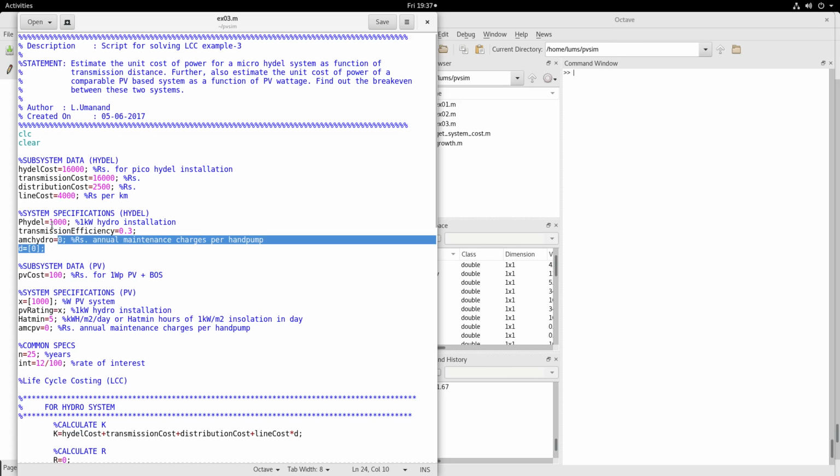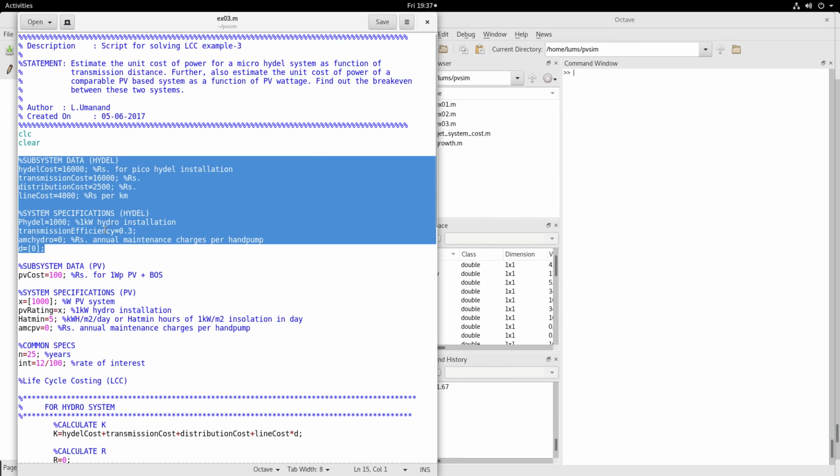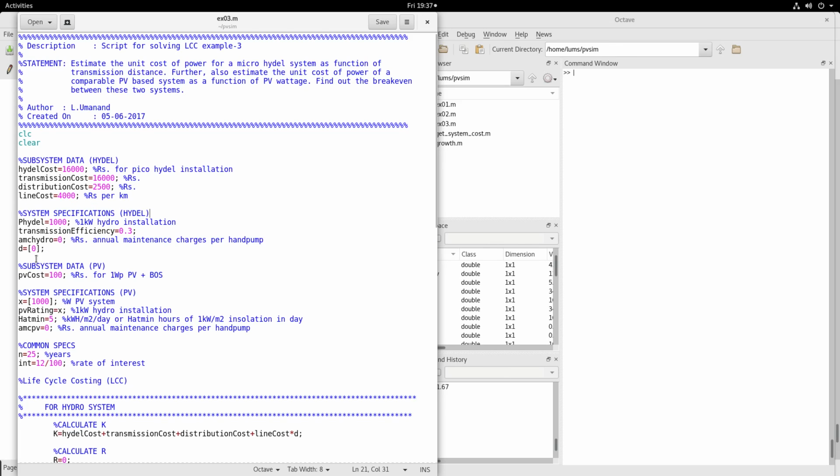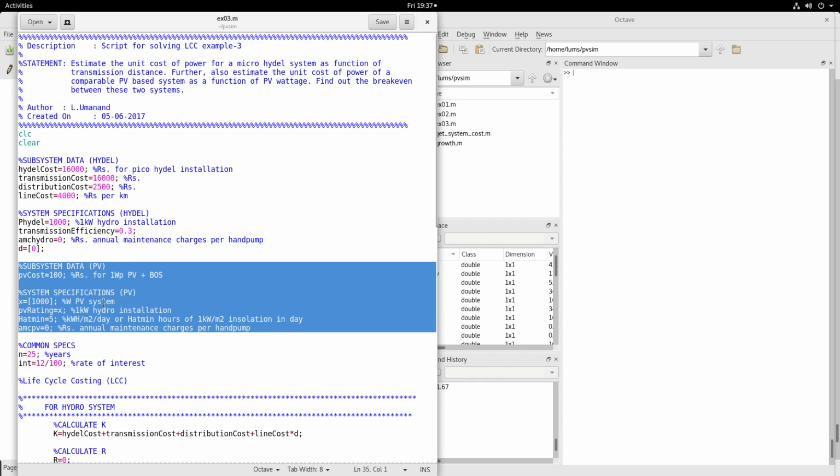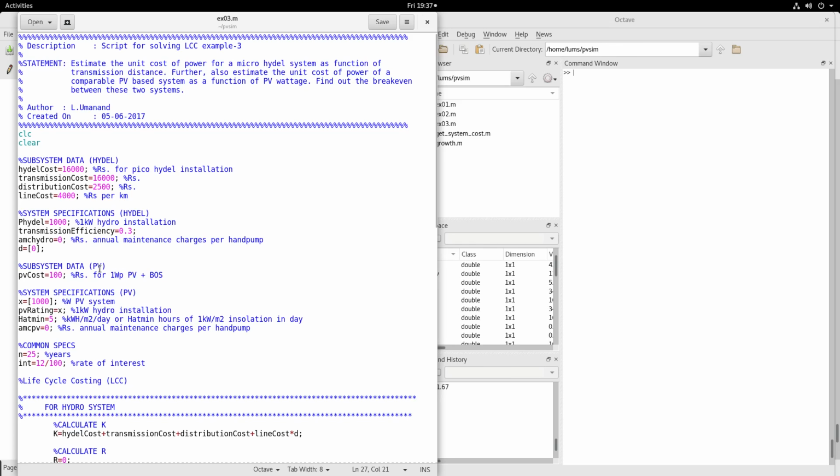What I have done here basically is to classify it into the following. First, I have the subsystem data and system specifications of the hydel system. So this is for the hydel. Then I have the subsystem data and the system specification of the PV, so I have marked here in brackets PV. The hydel cost, transmission cost, distribution cost, line cost, all these things I have put together in the system data.